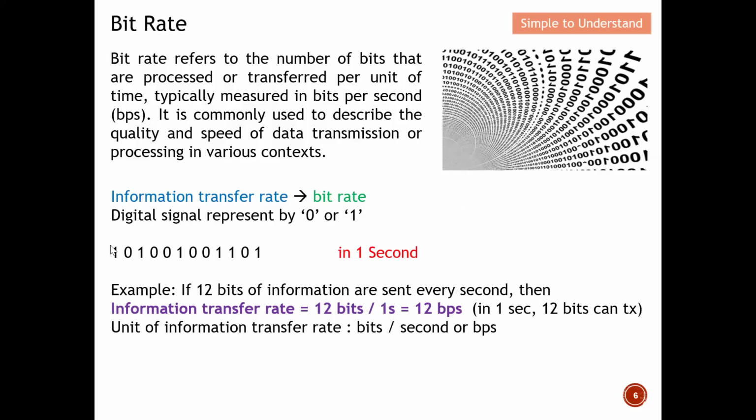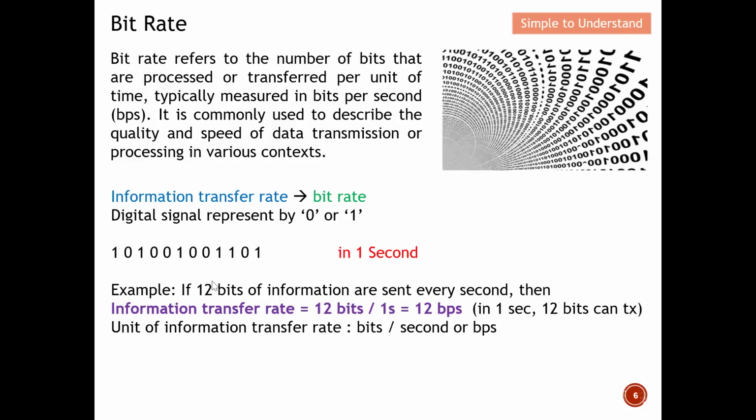So how can I quantify this? I will count the number of bits: 1, 2, 3, 4, 5, 6, 7, 8, 9, 10, 11, 12. So I have counted; this is actually 12 bits. In short, I can quantify this as 12 bits per second. So basically, this will be the bit rate. I can send 12 bits of data in 1 second.